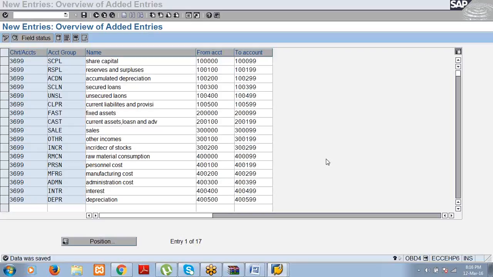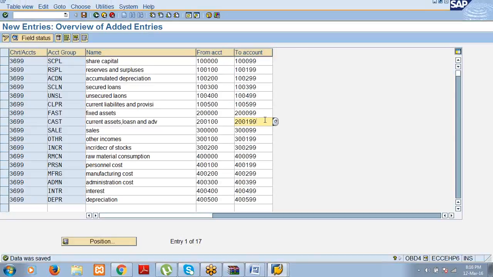Yeah, Giri, tell me. Sir, one thing, we are giving a range and we are giving names and the account range. By mistake, we had given a wrong range, and we did not notice. And after some time, we notice. Can we edit this same thing? Yes. We can edit. Right? Okay, sir. See, remember, not only here, if any field is not in gray color, we can edit that.